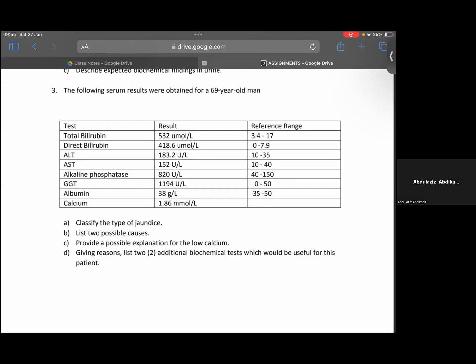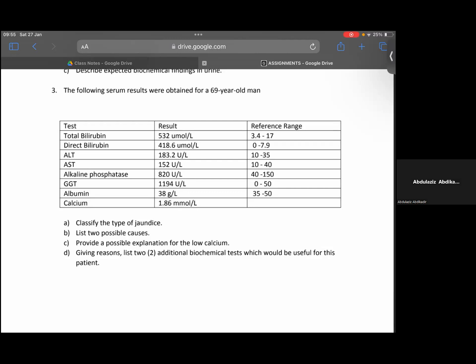I'm just from talking about alpha fetoprotein. The alpha fetoprotein can be used here. It's a tumor marker. Also, you can check for the cause of this. You can check serology for hepatitis. Why is the ALT, the AST elevated? You can check for that.